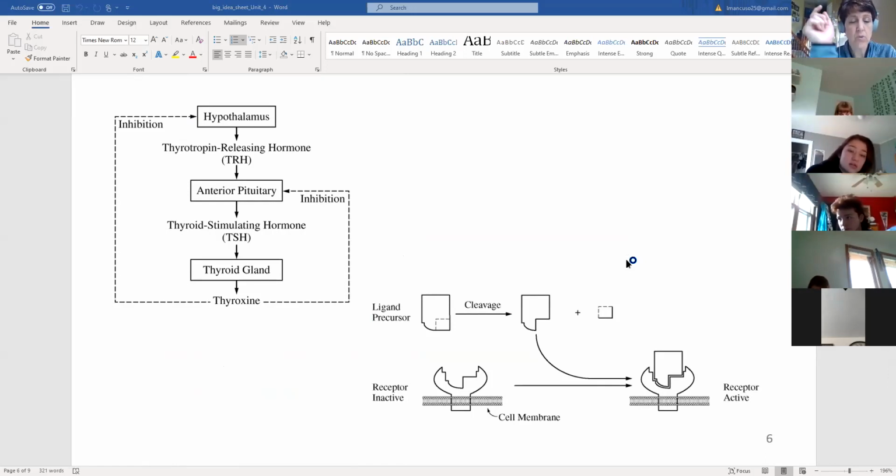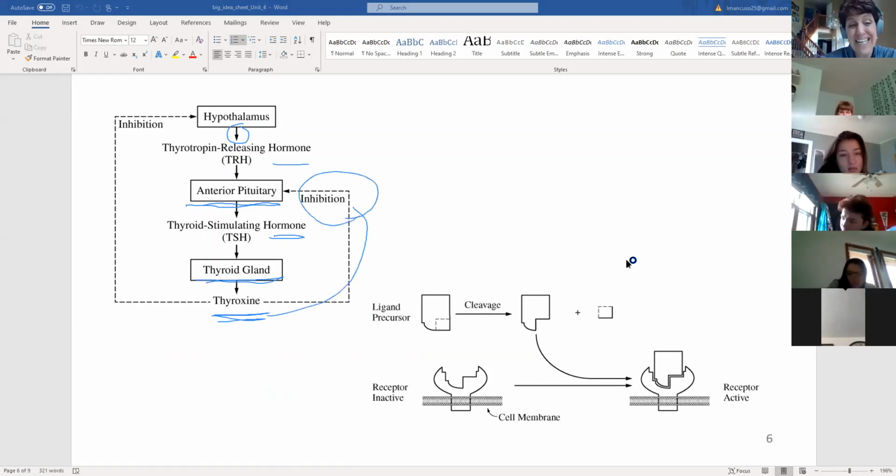Okay, so any of these diagrams, you always want to find the first arrow. The first arrow is right here, and it shows that this hormone is made by the hypothalamus, and that influences another organ, and that makes another hormone, which affects another gland, which makes this chemical. So this is definitely feedback, and the reason why is because of these arrows.